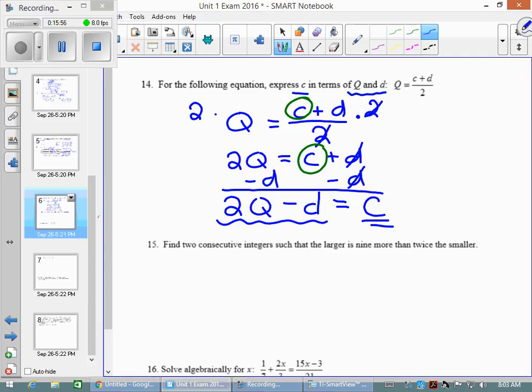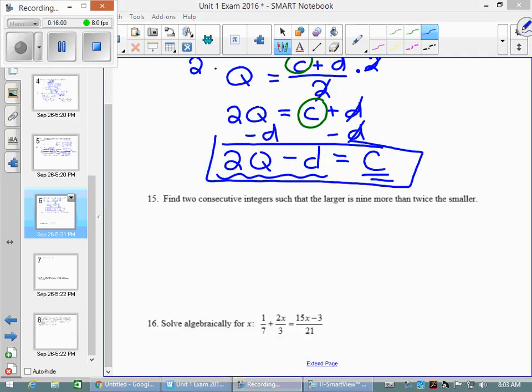Okay, so for number 15, we want to find 2 consecutive integers such that the larger is 9 more than twice the smaller. So first we want to set up our little table. If we have our first consecutive integer and our second consecutive integer.